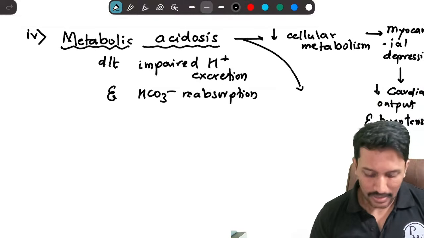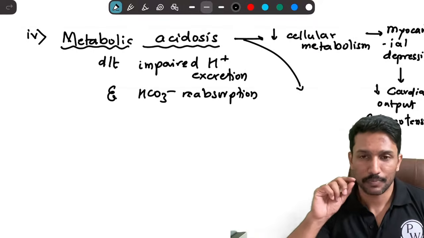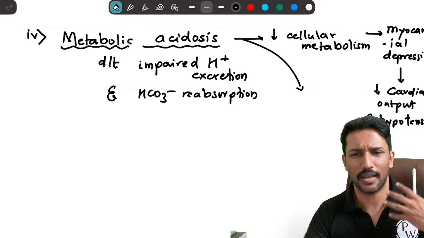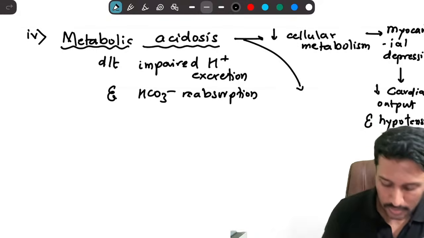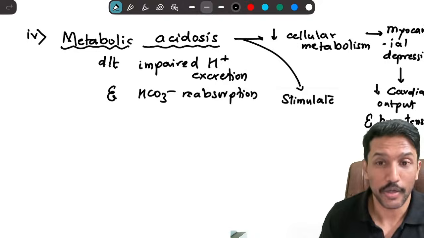Okay, what else does the metabolic acidosis do? Metabolic acidosis stimulates the respiratory center, because there has to be a respiratory counter for the metabolic acidosis, right? Where is the respiratory center present? Medulla oblongata.